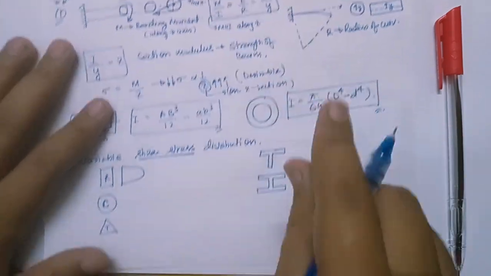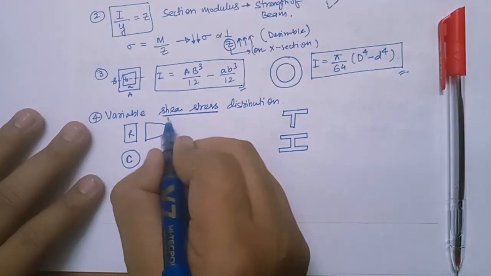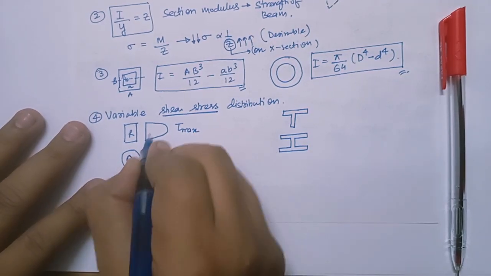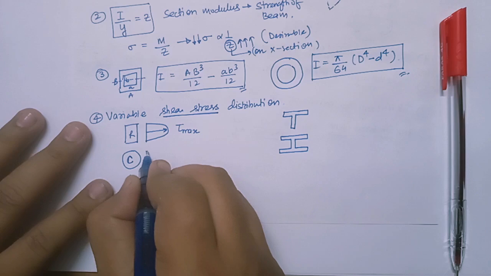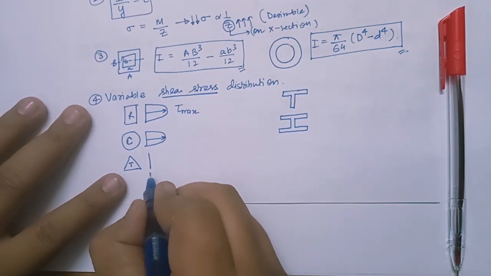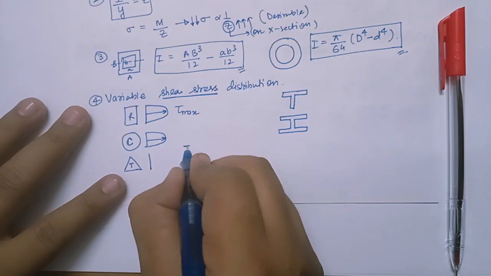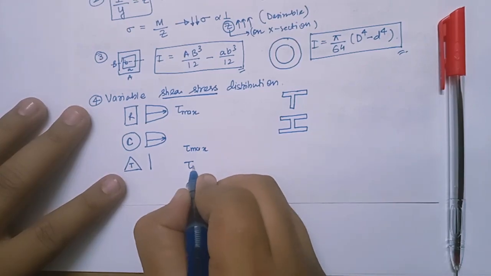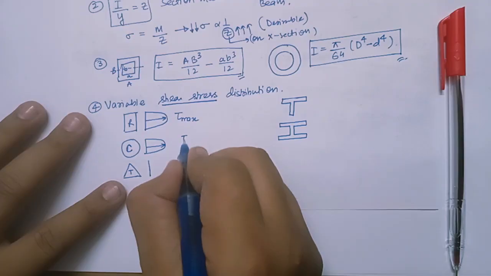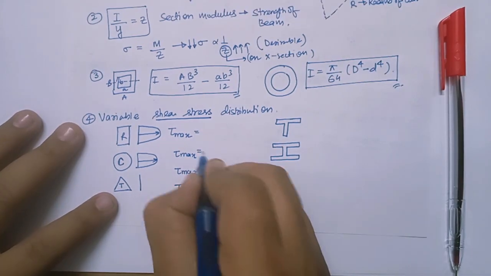Now coming to shear stress distribution, shear stress is tau. So tau max, I want to write tau max, right? This is tau max at the center. Again for circular, the tau max is at the center, but in the triangle we have tau max at the neutral axis, right? Now see, it is very simple.